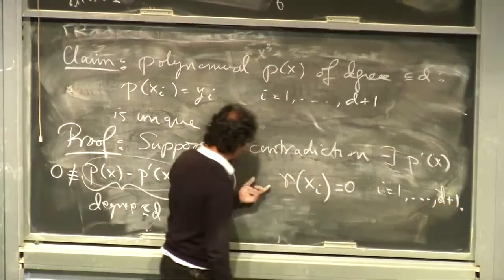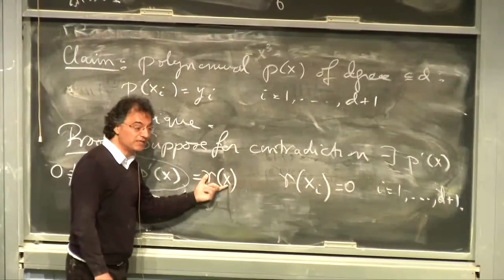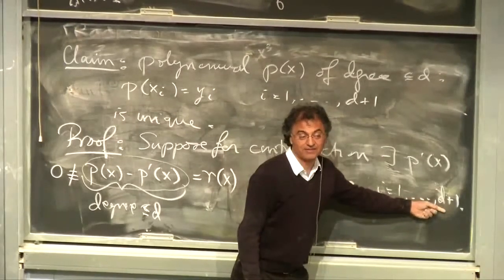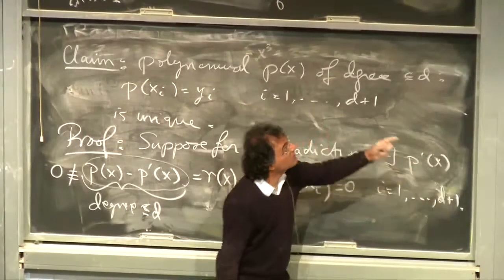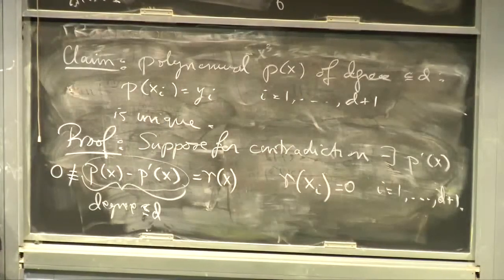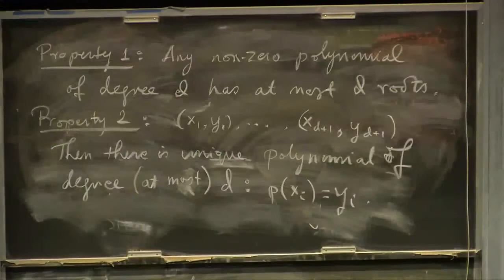So here you have a non-zero polynomial of degree at most d, and it has d plus 1 roots. That contradicts property 1. So as long as you believe property 1, we've proved property 2.